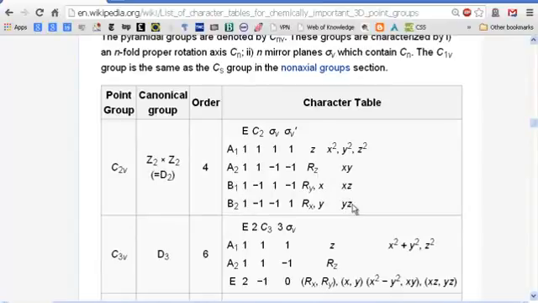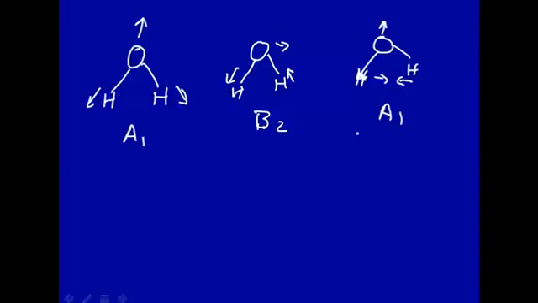B2 has YZ, so the YZ plane has an irreducible representation like B2, which is this one here. So this one is also active, has the same irreducible representation as a second order Cartesian plane in the character table. All normal modes are IR active.